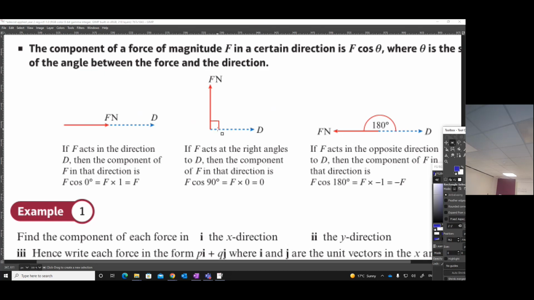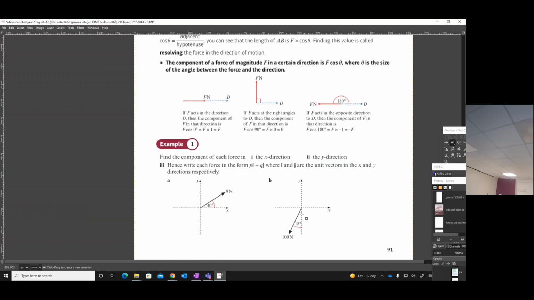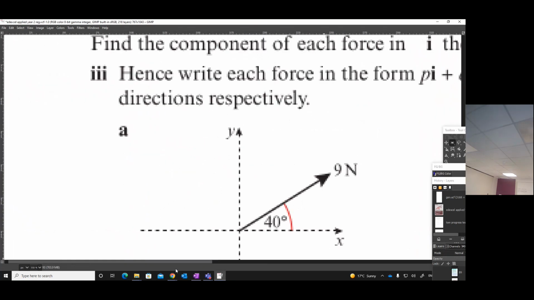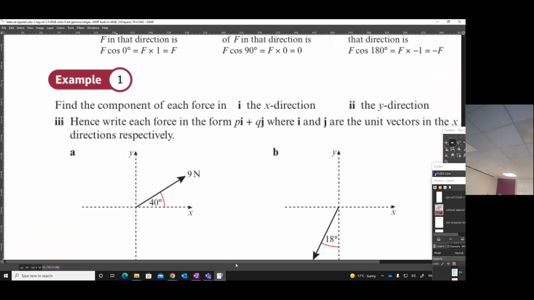Okay? It's your first encounter, possibly, with trying to think of how much of a force is pointing in a particular direction. And then they're inviting us here to say how much of this force is pointing in the easterly direction. Now, I don't know if you're familiar with the i and j notation, not that i, that i means question part 1.